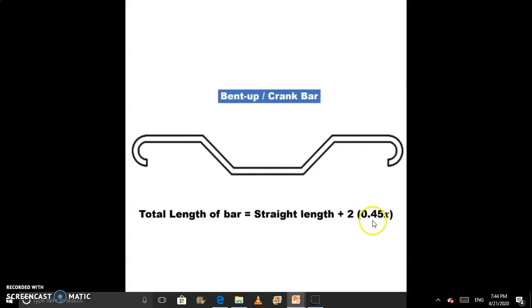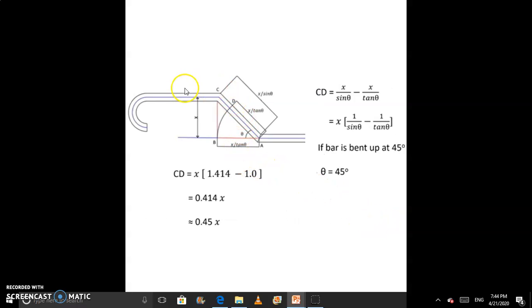So how do we get this value? We get this value with the help of this diagram. We have bent up bars, and we know that this is our x. Now we have to find this length. For that we take CD equal to x cosec theta minus x cot theta.